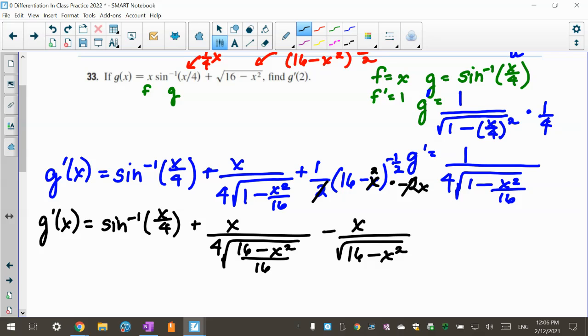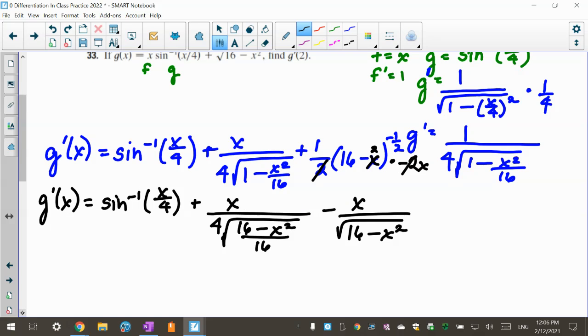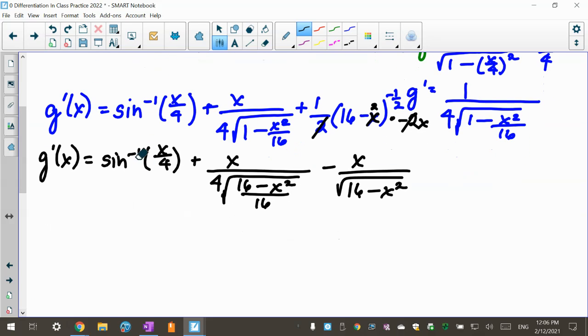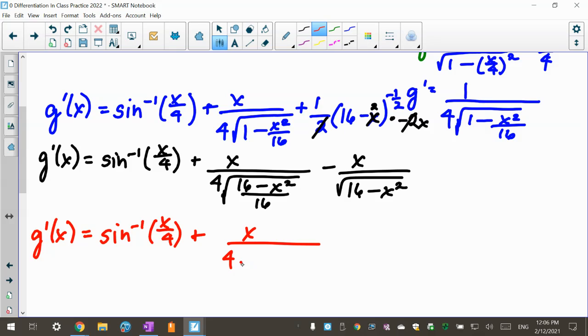Now you're going to say, wait a minute, it looks like there's something going on here in the middle, and there is. I'm going to leave this first term alone and this last term alone, and I'm just going to play around with what's underneath this radical. So I have g prime of x equals inverse sine of x divided by 4 plus, now I'm going to write it like this, 4 radical 16 minus x squared over radical 16.